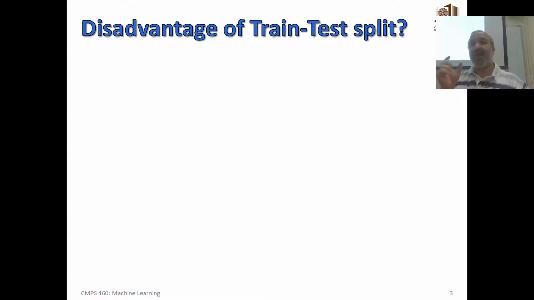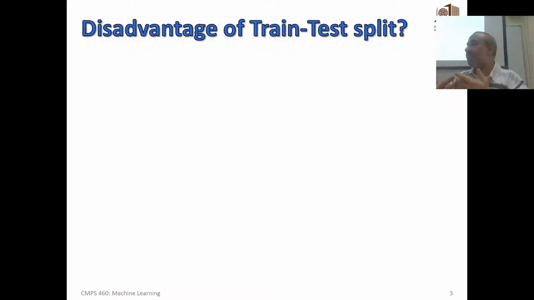Another thing is that when we do that, we are testing on only one part of the data, so we are not using the entire data that we have. We are using a large portion of it for training, but for test we are testing only on a small set. Testing on a small set might not be reliable.